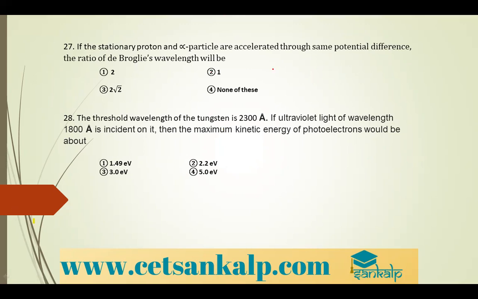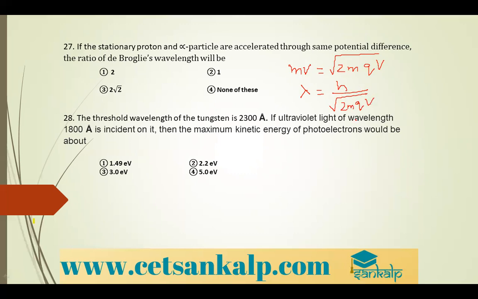So accordingly, mv is equal to root of 2mqV. So the de Broglie wavelength lambda is equal to h divided by root of 2mqV.